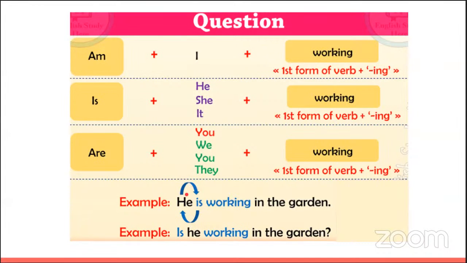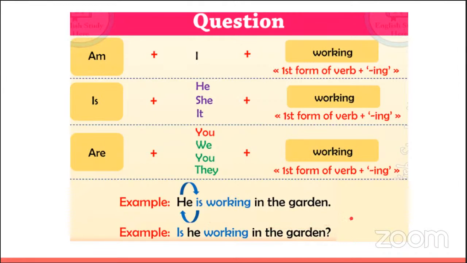Here we have an affirmative example and a question. This affirmative example shows you how the positions are inverted. He is working in the garden, and in the question, the auxiliary comes before the subject. Please, can you read the question? Is he working in the garden? And the two possible answers for these questions are yes, he is, no, he isn't.